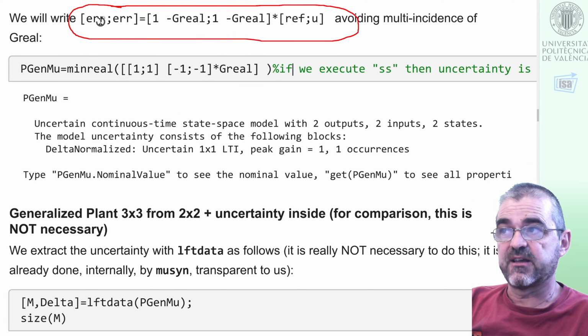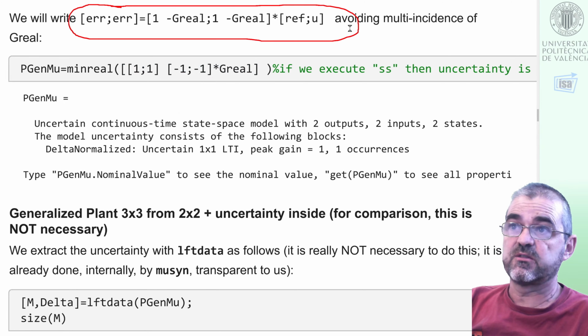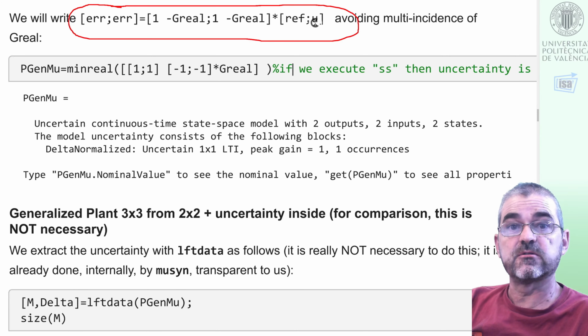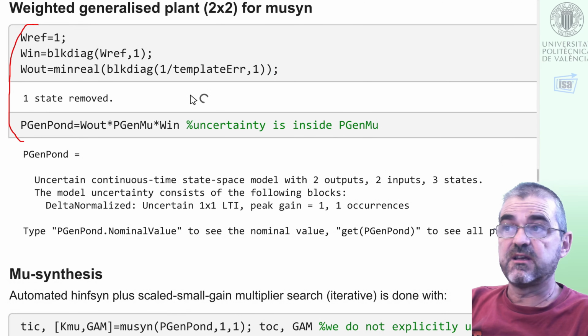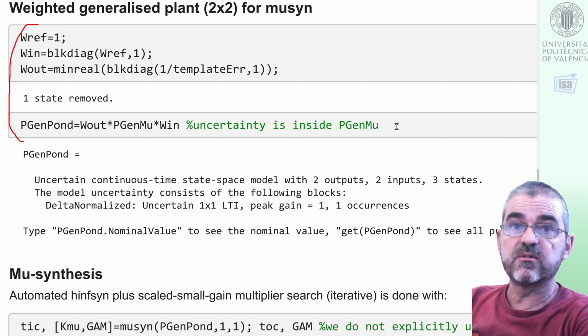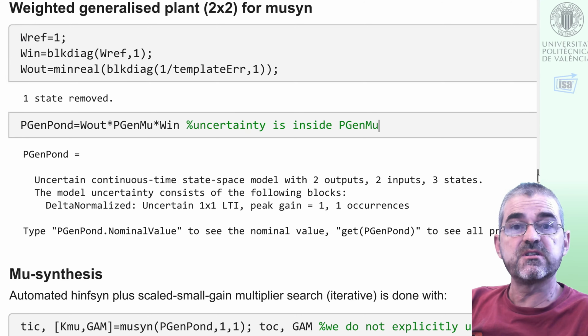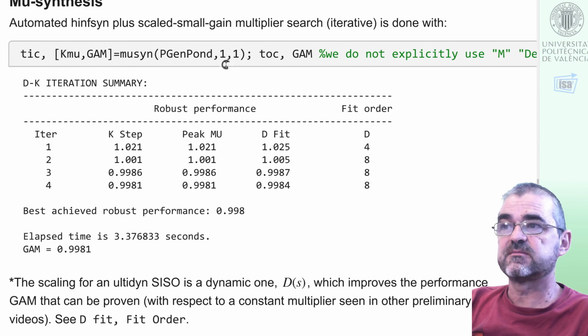So we wish to minimize the error subject to set point changes, and we have a one degree of freedom controller whose input is error and whose output is the manipulated variable, the control action. We build this generalized plant, and with suitable input and output weights, we build the weighted generalized plant as in nominal H-infinity problems, and musyn handles all the H-infinity plus scaled small gain machinery for robust performance.